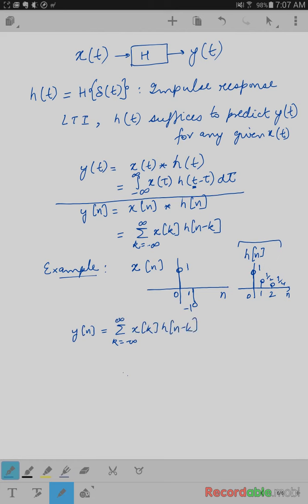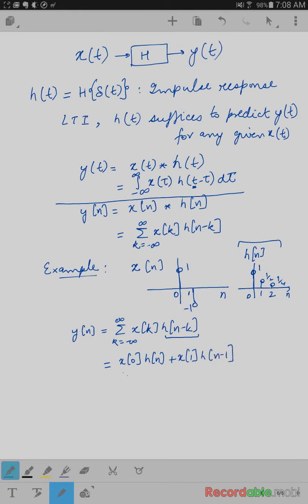Now if you look at x of k, it only takes non-zero values at 0 and 1, so this is just x of 0 times h of n, plus x of 1 times h of n minus 1.